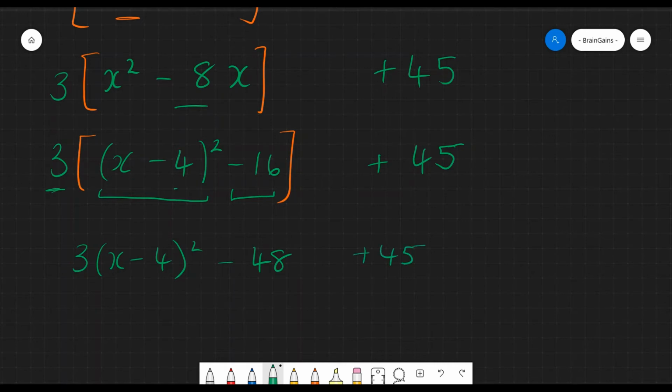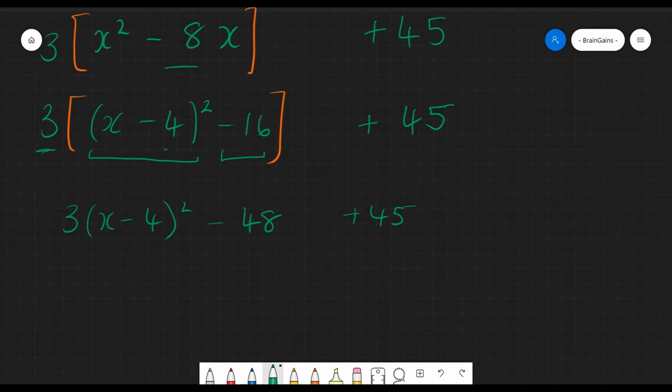Now, since there's nothing else left to do, we can just collect like terms and bring the constants together. So this would become 3(x minus 4) squared minus 3. And we have completed the square.